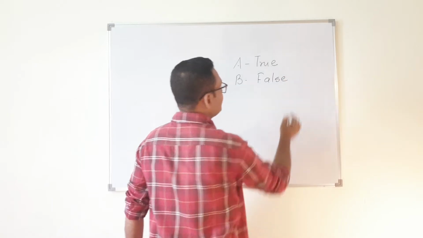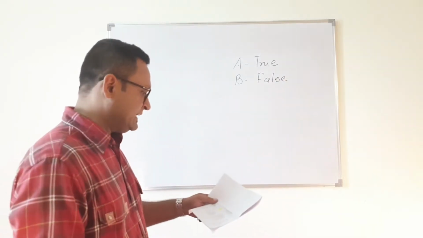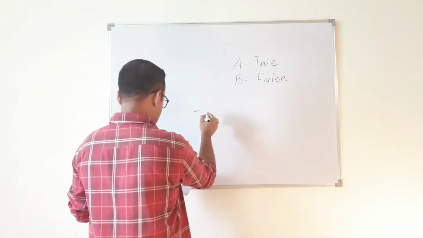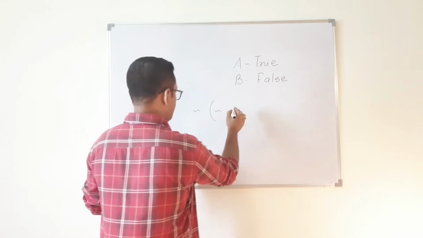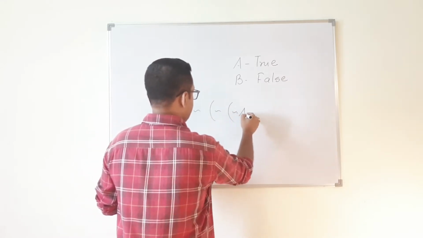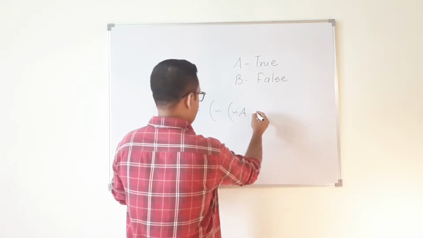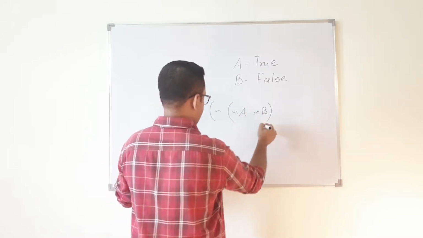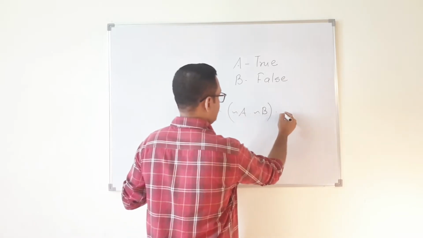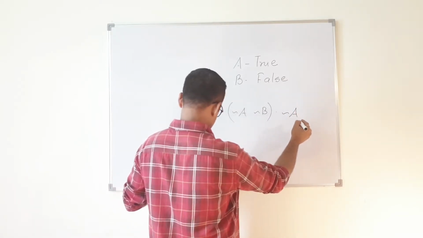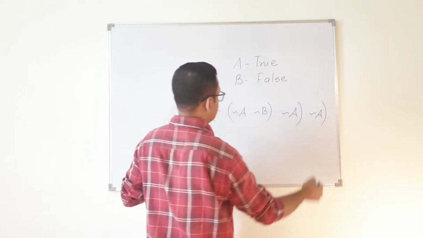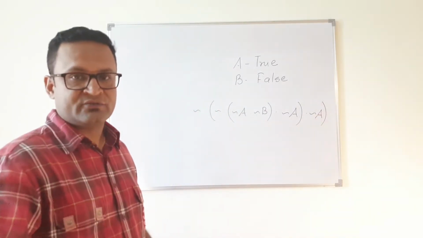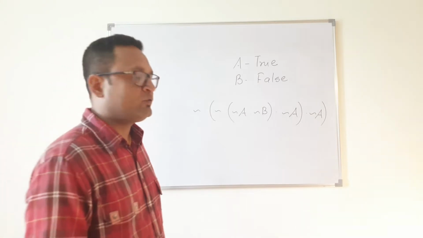So what will be the value of this one: negation of (negation A dot negation B) dot negation A. This is the first question which we are taking for today's class.